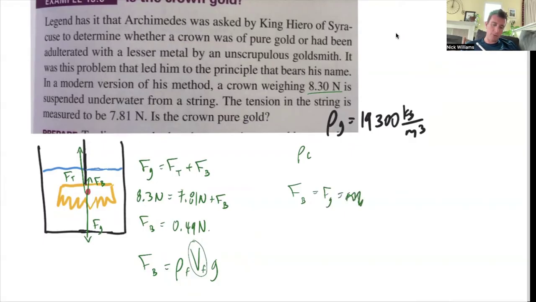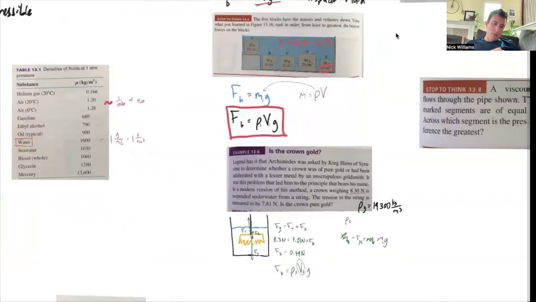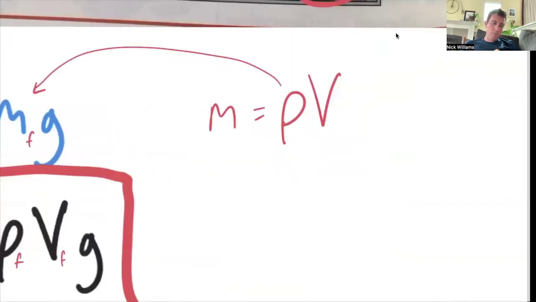I'll just call this the force of gravity of the crown, right? The force of gravity of the crown is equal to the mass of the crown times the gravity. I don't know the mass of the crown, but I do know that since I'm looking for a volume of the crown, I could turn that mass into density times volume from over here.